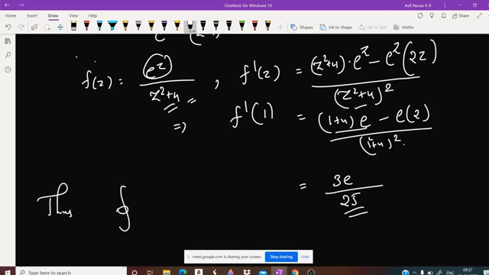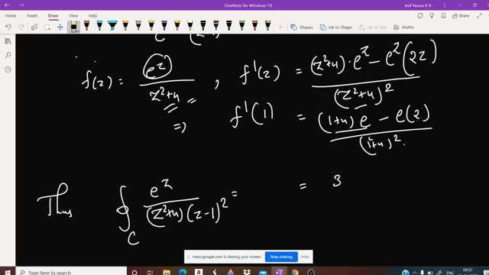Thus, we have the integral over C of e raised to z divided by z square plus 4 into z minus 1 all square, which is equal to 2 pi i divided by 1 factorial into f dash of 1, which is 3e divided by 25.